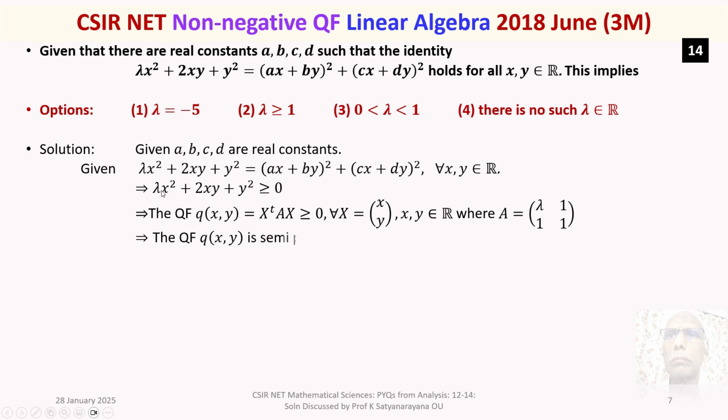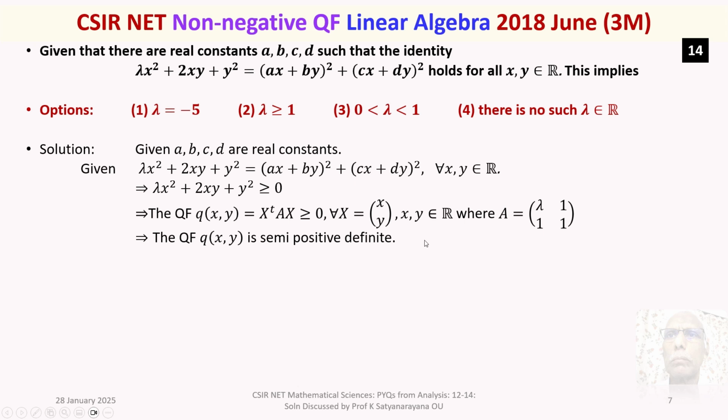So lambda x square plus 2xy plus y square is a quadratic form. It is greater than or equal to 0. It says that this quadratic form is semi-positive definite. If it is strictly greater than 0, we call it a positive definite quadratic form. But here it is given greater than or equal to 0. Therefore, it is a semi-positive definite quadratic form.